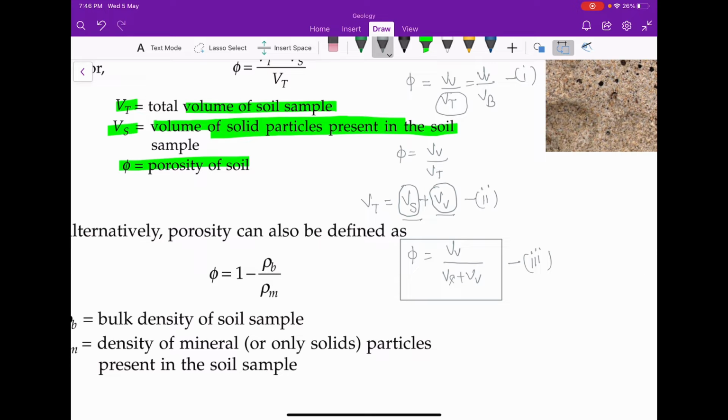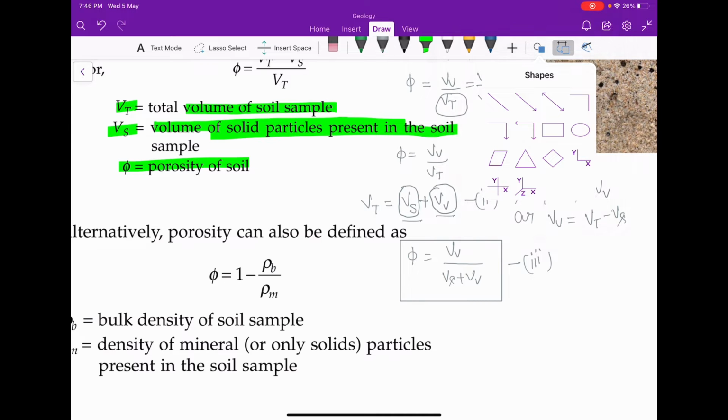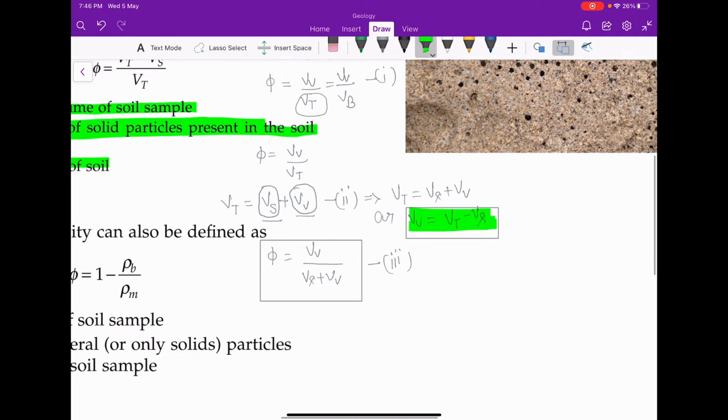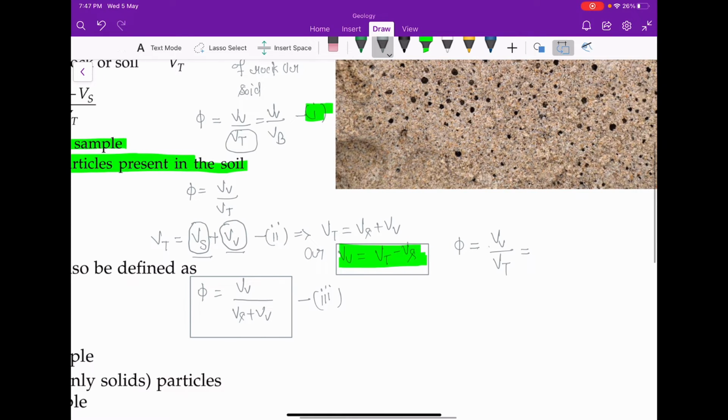Again, from equation number 2, Vt is equal to Vs plus Vv, or we can say Vv is equal to Vt minus Vs. So if we consider Vv as the difference of Vt and Vs, equation 1, that is porosity phi equal to Vv divided by Vt, instead of Vv we can write Vt minus Vs, divided by Vt.